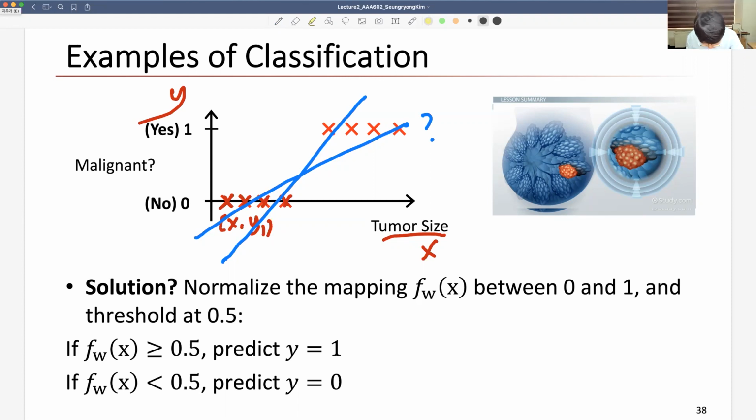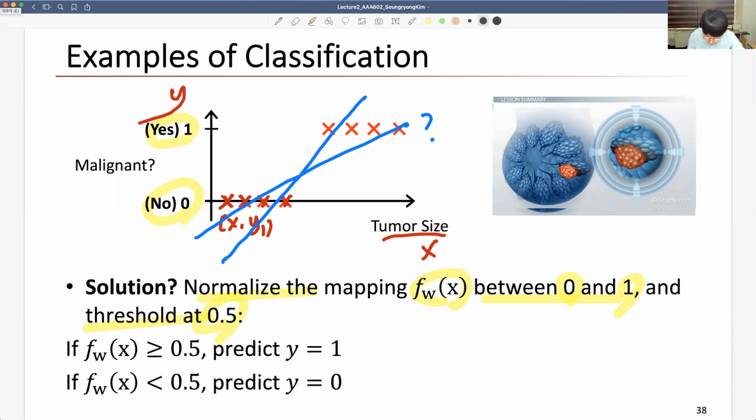First of all, we are only considering this 1 or 0. We can normalize the output of the mapping function between 0 and 1, and then we can threshold that value at 0.5. So what does it mean?